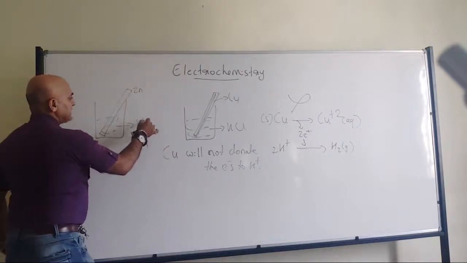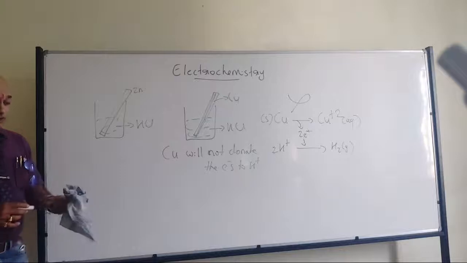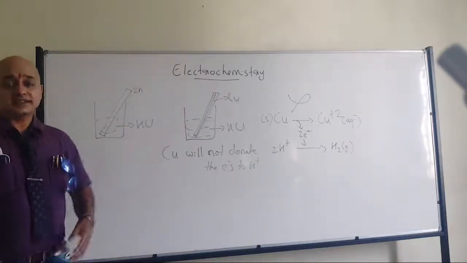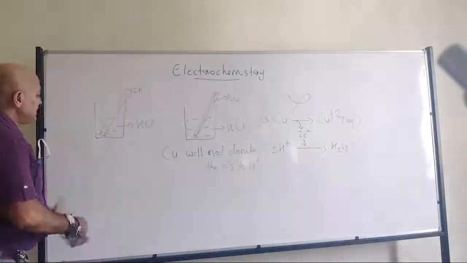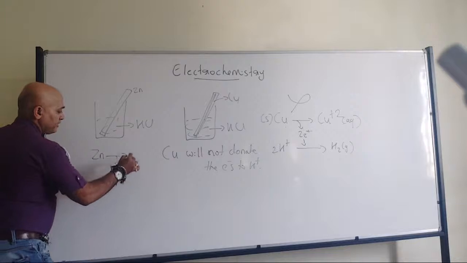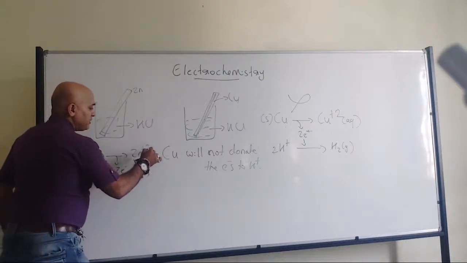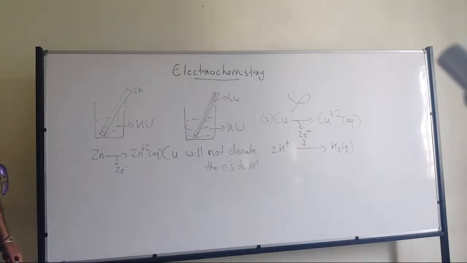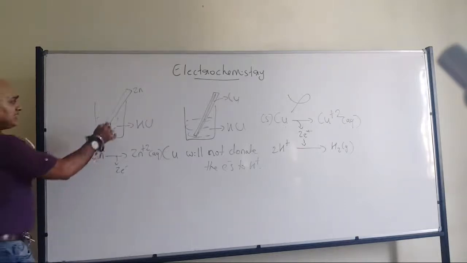Now what will happen? Slowly the zinc rod is going to decrease in size. Why? Because zinc will donate its electrons and become zinc plus 2, which will get dissolved in the liquid, in the electrolyte.